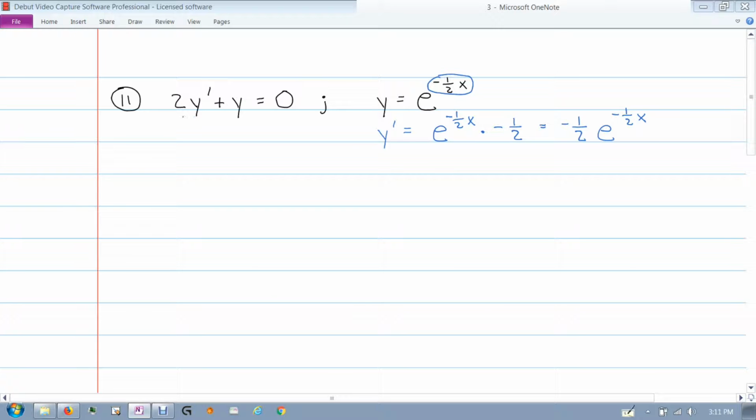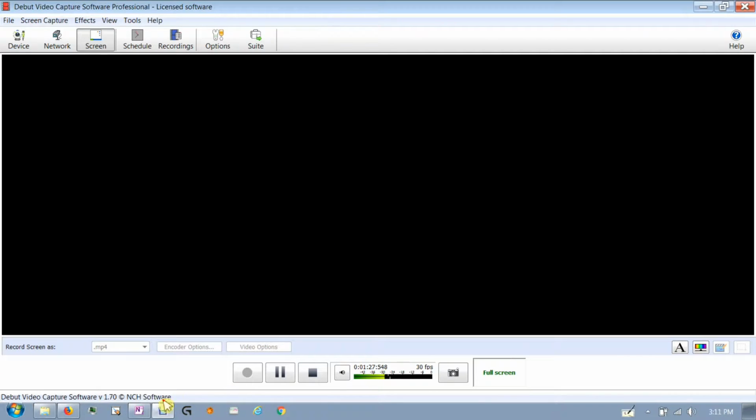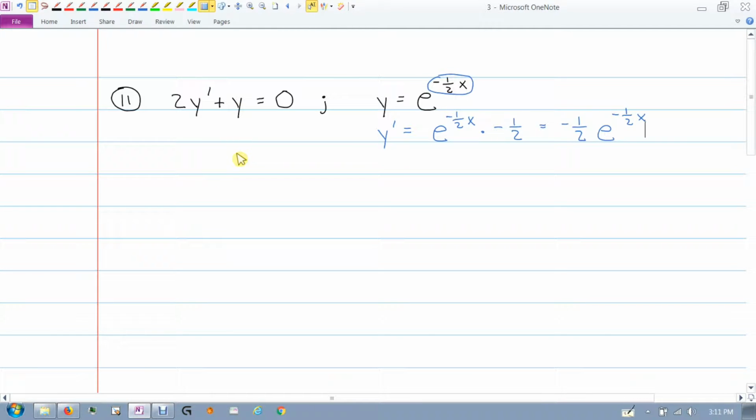Okay, so now I start rewriting this equation on the left side. Let me rewrite this equation, and I'll do it in green.